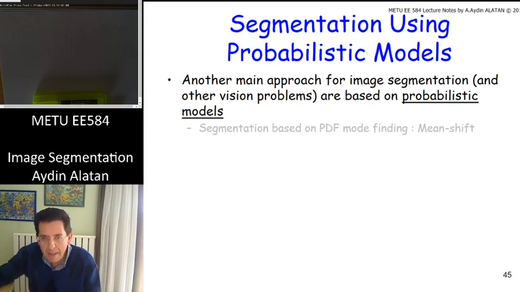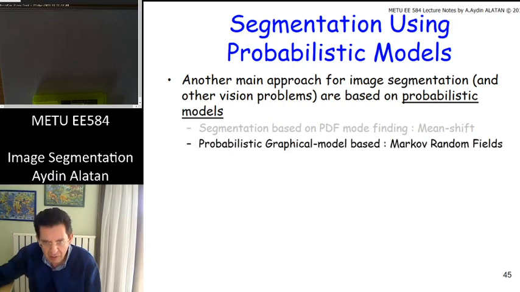Now, today, we will move further. We will try to include again the neighborhood concept together with the assumption of probabilistic modeling. This is called probabilistic graphical model-based approaches, and something called Markov random fields, which I'm going to try to explain next, is the fundamental approach for solving those kinds of models.